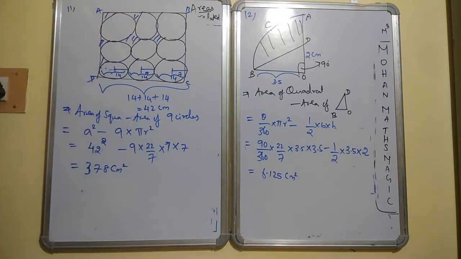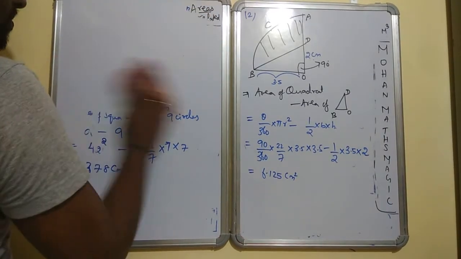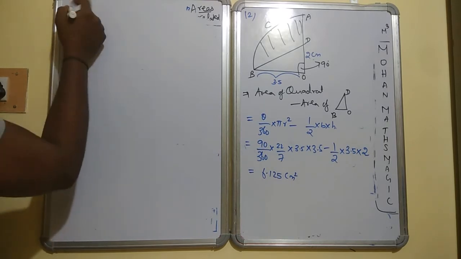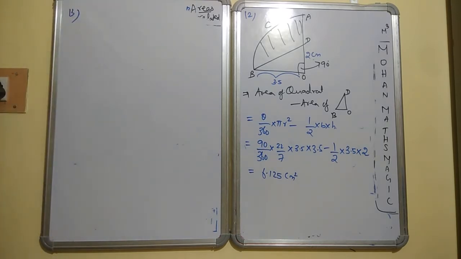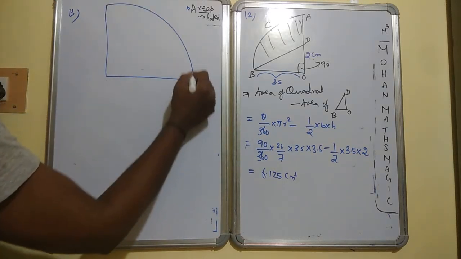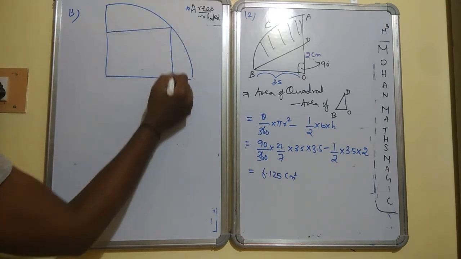Question number 13. So in the figure, there is a quadrant again. There is a square inside.